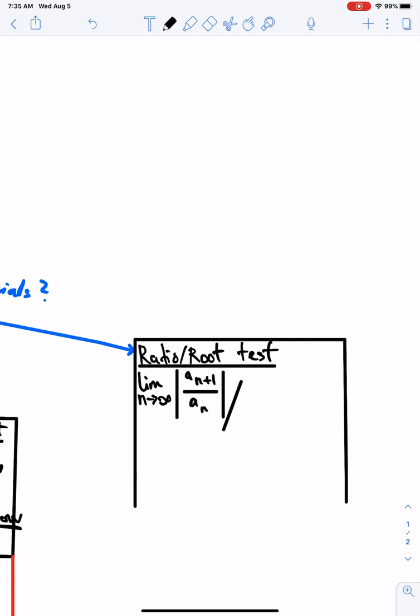For the root test, it's going to be the nth root of the absolute value of a_n. Say equal to some number L.